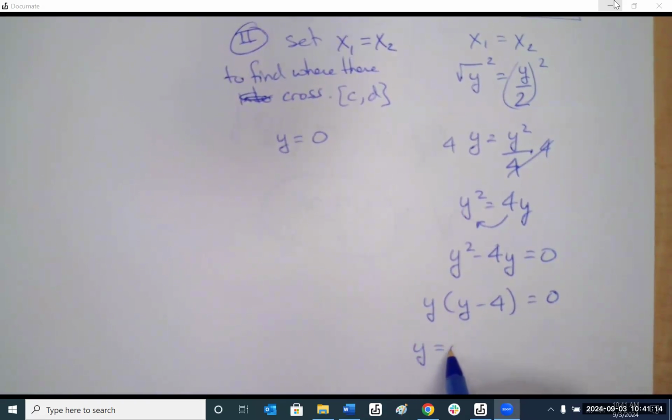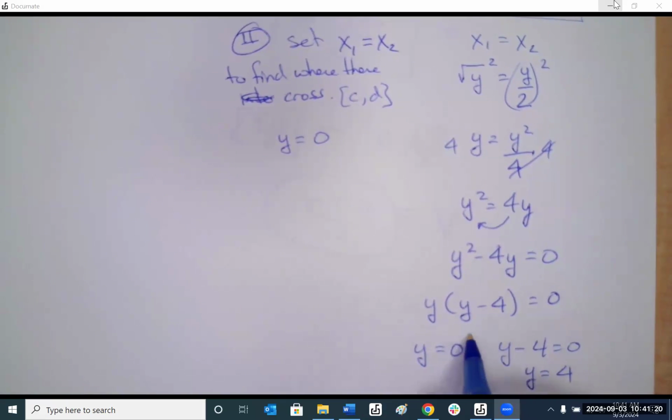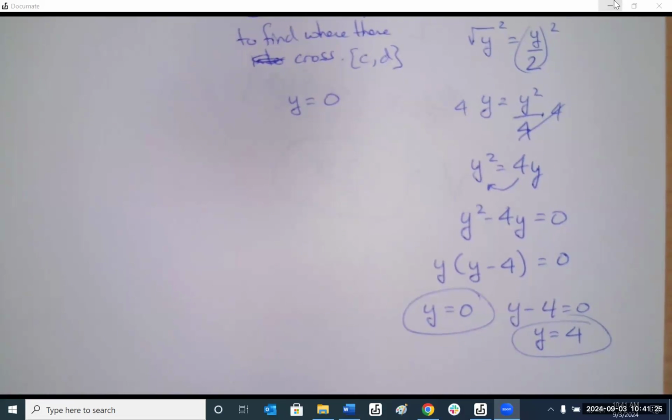So y equals 0 and y equals 4. These are our bounds of integration. So now what do we do?